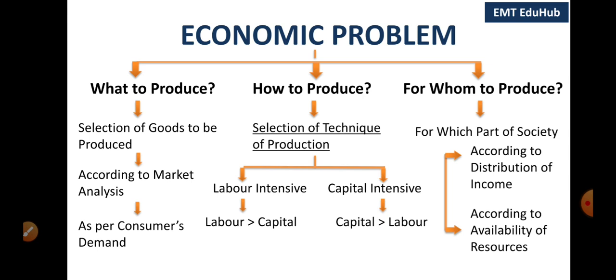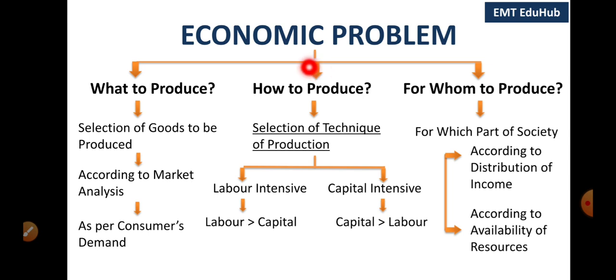Not only does the society have to decide about what goods are to be produced, it also has to decide in what quantities these goods would be produced. In a nutshell, a society must decide how much wheat, how many hospitals, how many schools, how many machines, how many meters of clothes, etc. have to be produced.